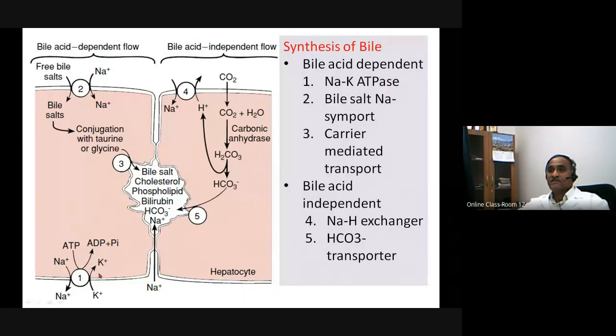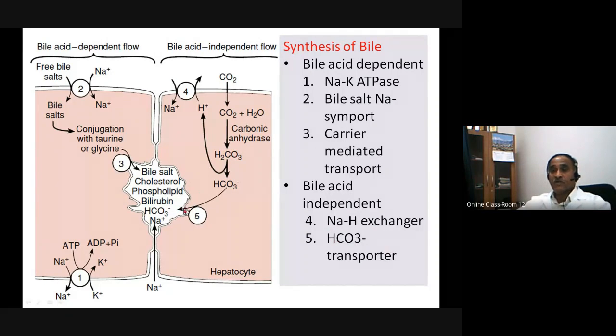1 is the sodium potassium ATPase, and 2 is the bile salt sodium symport transporter, the bile salt transporter. 3 is a carrier mediated transport, so you have another carrier for the conjugated bile salt to be transported. The fourth and fifth are bile acid independent flow, with the sodium H exchanger and the bicarbonate transporter.